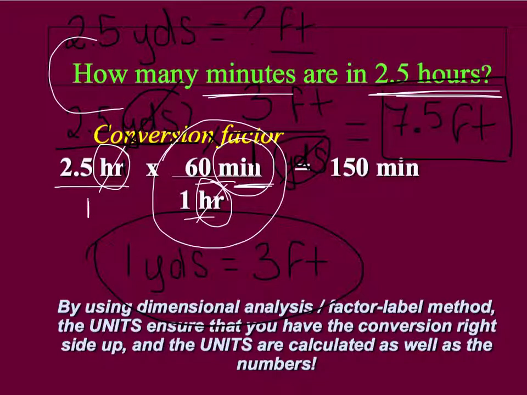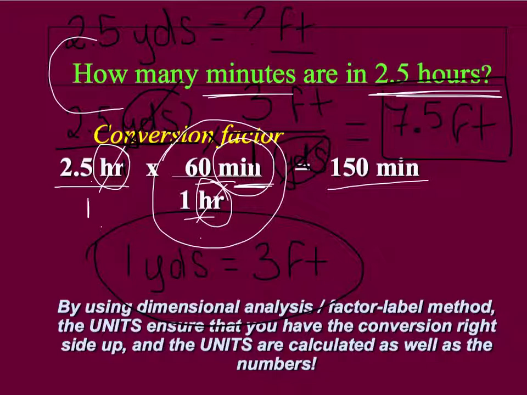Then to get your actual answer, you're just going to multiply across the top, so 2.5 times 60, and then divide by the bottom. There's only 1 and 1 on the bottom, so dividing by 1 is just going to keep it the same. 2.5 times 60 gives you 150 minutes. And that's your answer to how many minutes are in 2.5 hours.